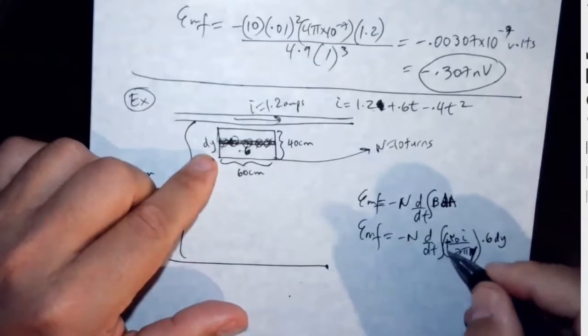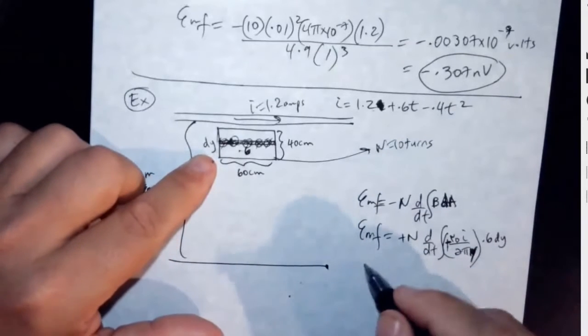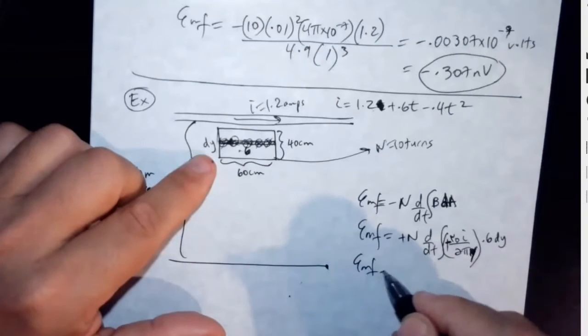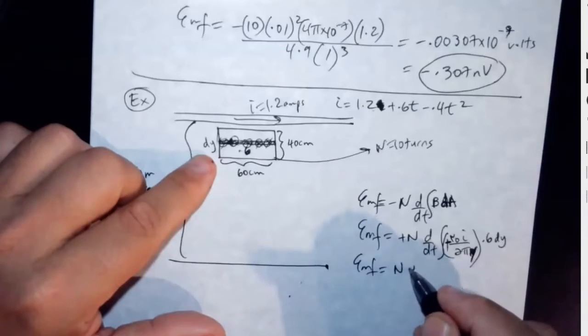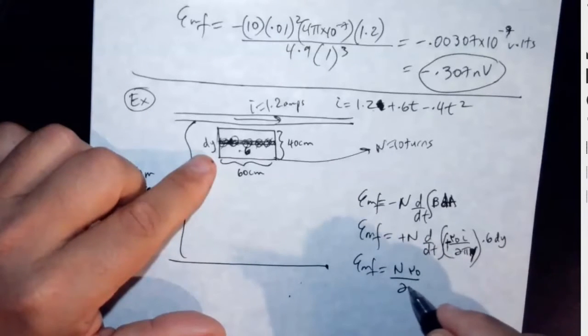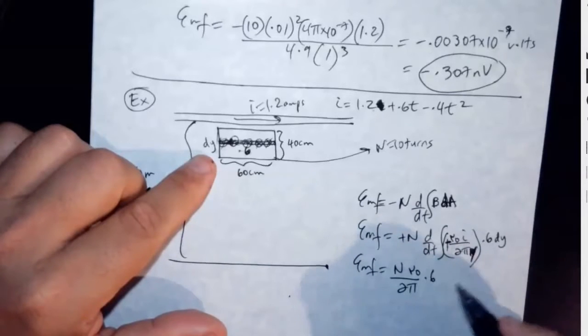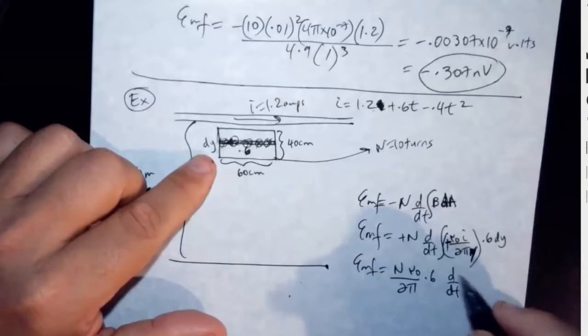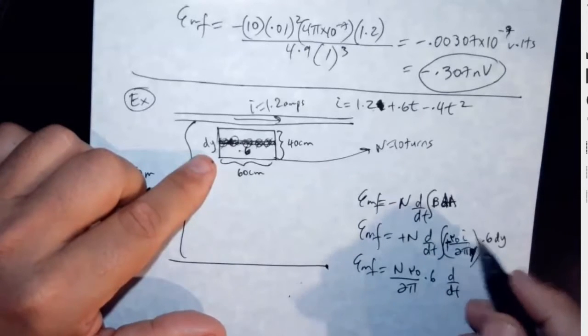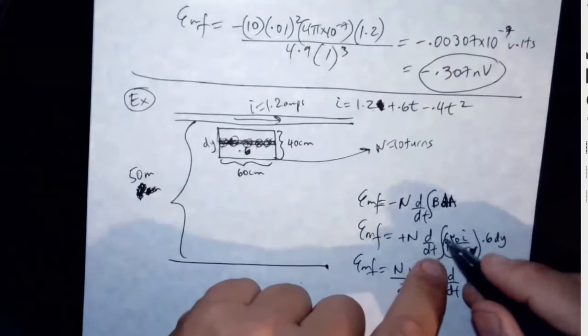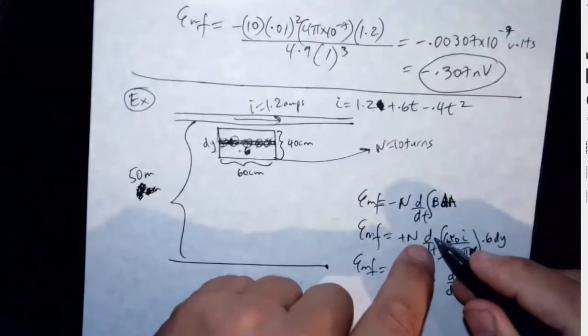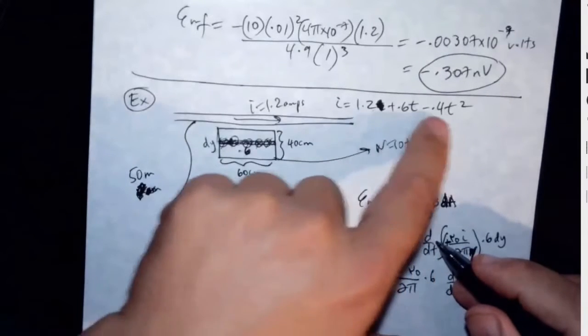Okay, then the two negatives cancel. Then I get EMF is N mu 0 over 2 pi, and then the 0.6 d by dt. Oh, the I also comes out. Oh, actually, hold on. The I comes out of the integral, but not out of the derivative because it's changing.